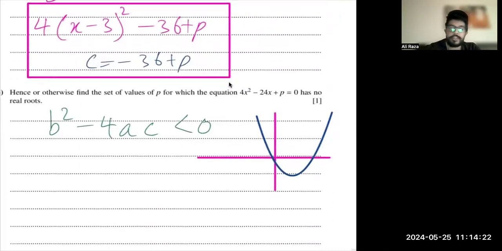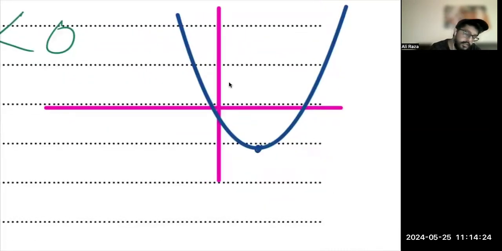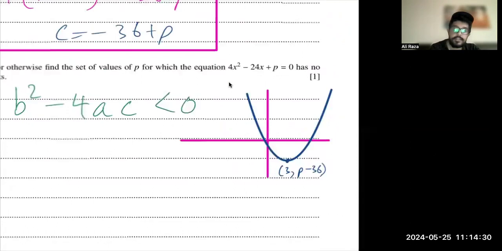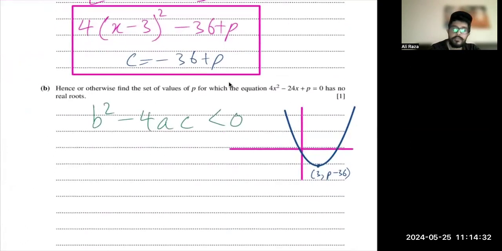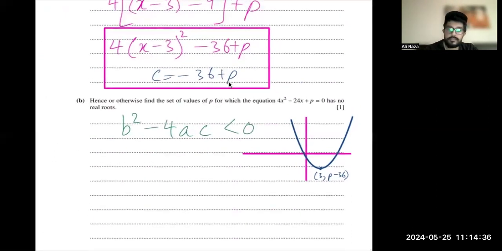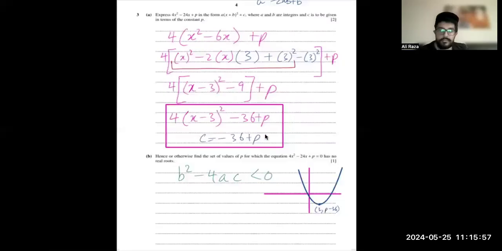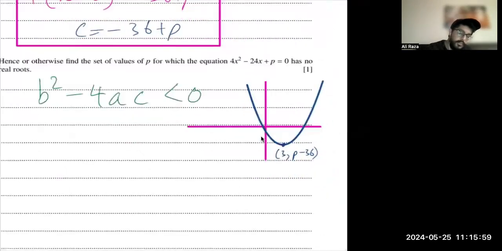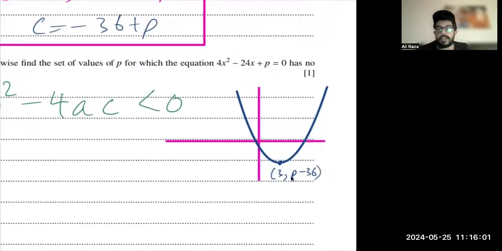And the turning point here would be, let's say, (3, p minus 36). So right now, this quadratic probably has 2 roots.